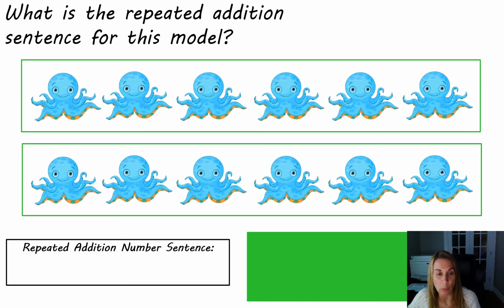Can we either get that in the chat box, and let's have a friend tell us on the microphone as well. Oh, I see all those answers coming in the chat box. Great job. If we just do here, 1, 2, 3, 4, 5, 6, plus 1, 2, 3, 4, 5, 6, we want to add the number 6 two times because we have 2 boxes and 6 octopus in each box.